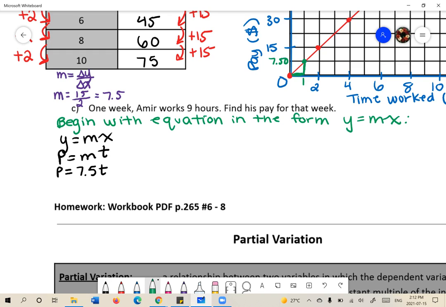Now I'm going to substitute the value given to me in part C. It says, how much does he make if he works 9 hours? So I'm going to substitute T is equal to 9. And I'm going to solve for P. The question is asking, what is his pay?